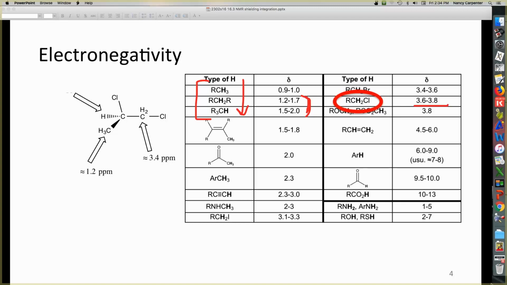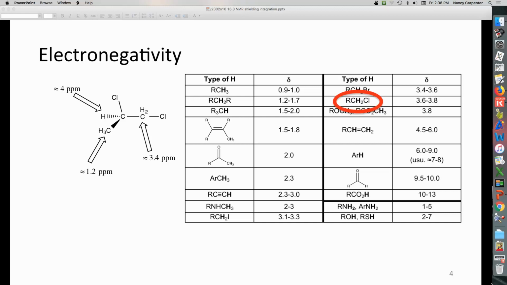It's going further downfield. So similarly, I should expect a methine here that has the chlorine attached to it to also be pulled further downfield. How much further downfield? I don't know. I'd say about 0.3 parts per million based on this comparison right here. So let's say it should be around 4.2 maybe?